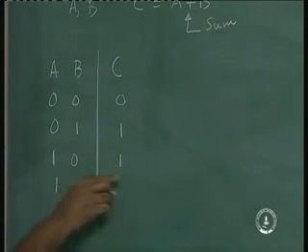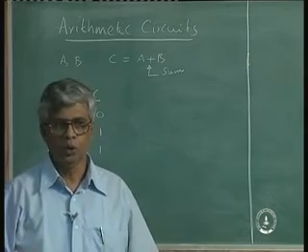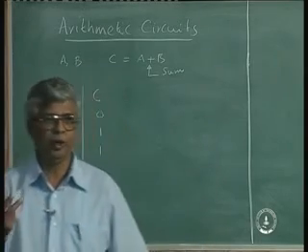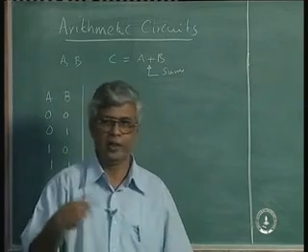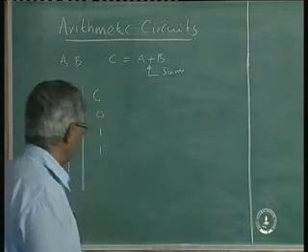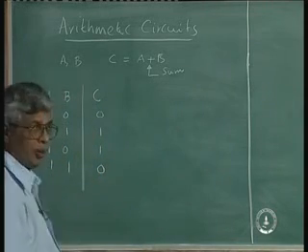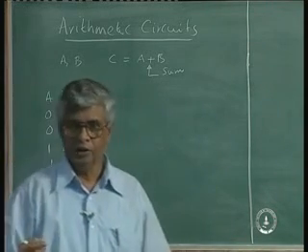If both are 1, what should be the output? The output sum is 2, which cannot be represented with one binary digit, because a binary digit can only represent 0 or 1. So I know the number will be 0. Sum is 0. It's truncating, right?